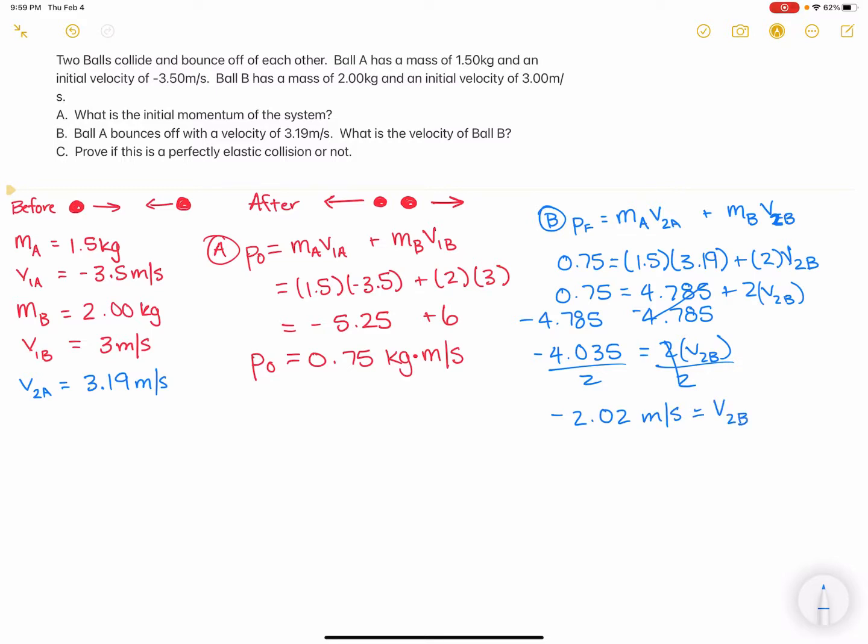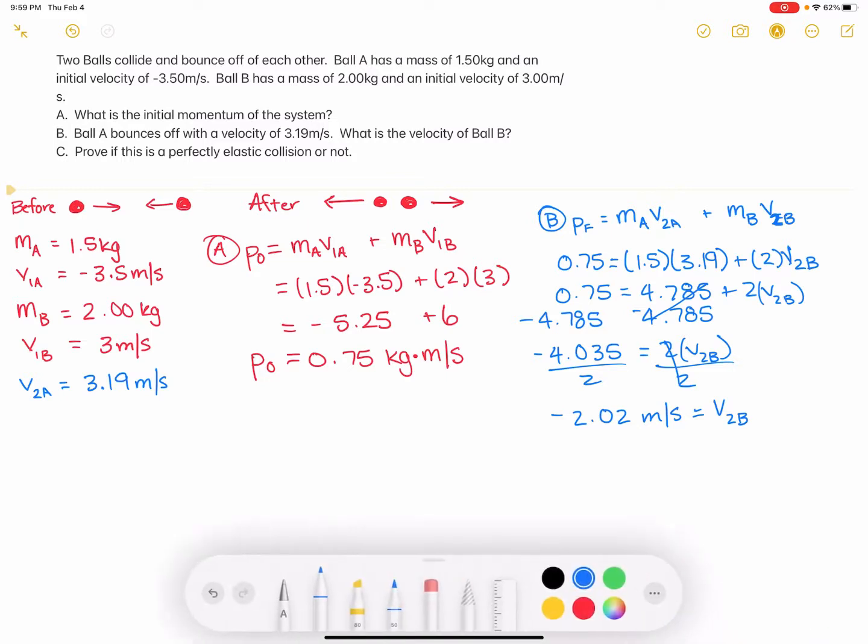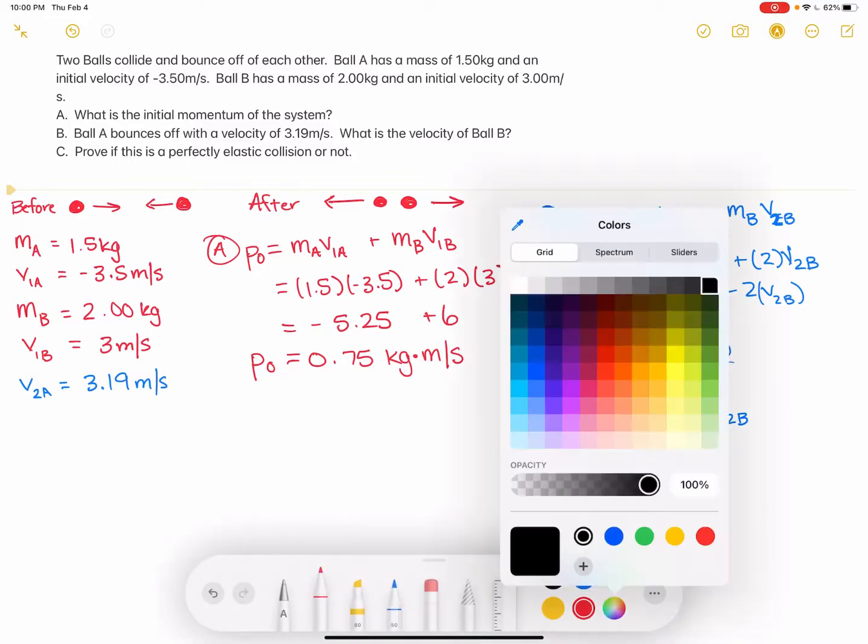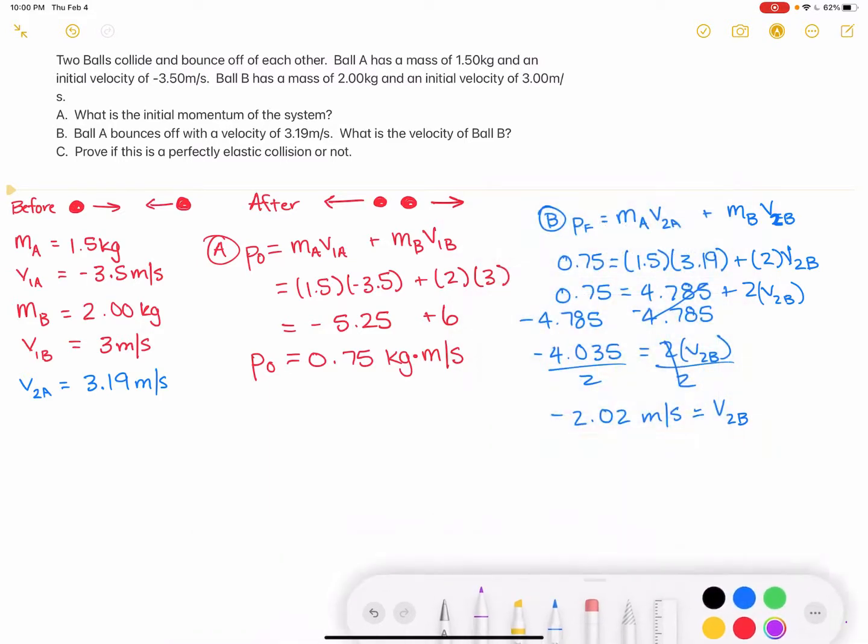And then the third one, they're asking if this is a perfectly elastic collision. And they want us to prove this. So in order to prove this, we're going to have to look at our kinetic energy. Okay, so let me get a different color here. So we're going to have to basically look at the kinetic energy before versus the kinetic energy after.